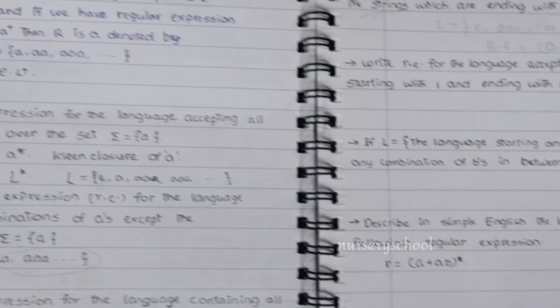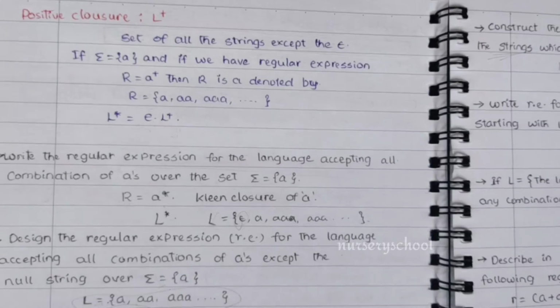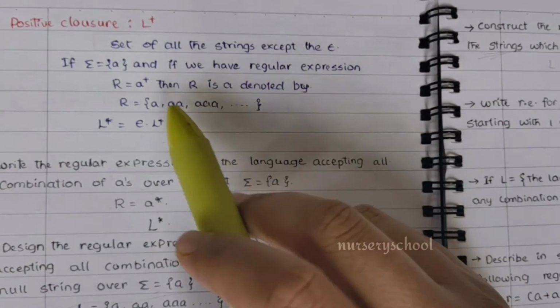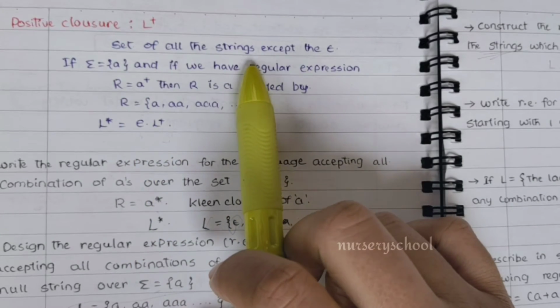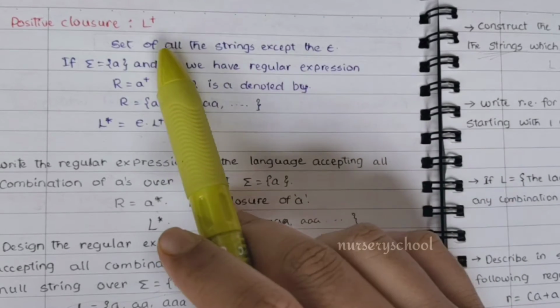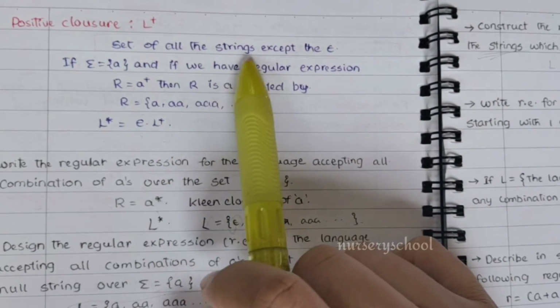Now let's see the positive closure, which you can also call L plus. Here the language is defined as the set of all the strings except the null string. So the null string won't be accepted by the positive closure; except for the null string, we can take all the strings.